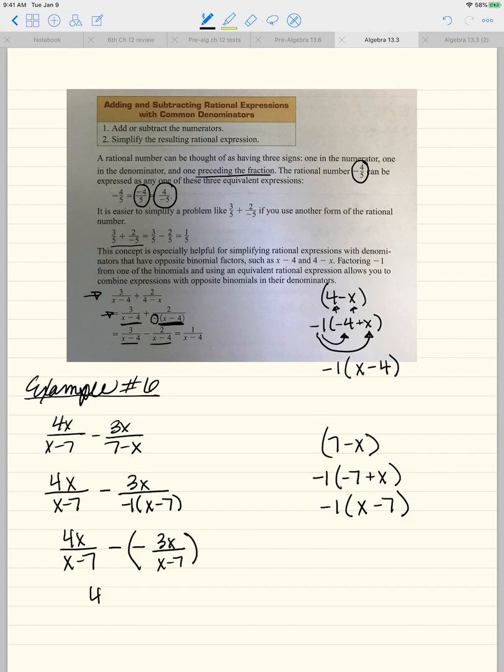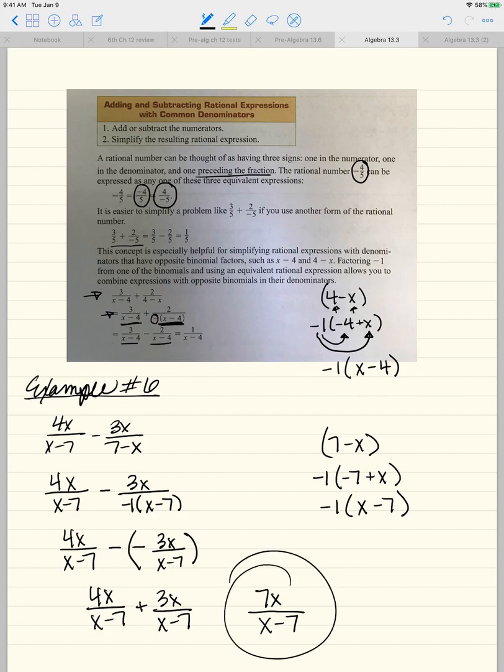So really what I have is 4x over x minus 7 minus a negative gives me plus 3x over x minus 7. Now, common denominator, x minus 7, like terms on the top of 4x and 3x. 4x plus 3x is 7x, 7x over x minus 7, and that is as simple as we can make it. And then we're done.